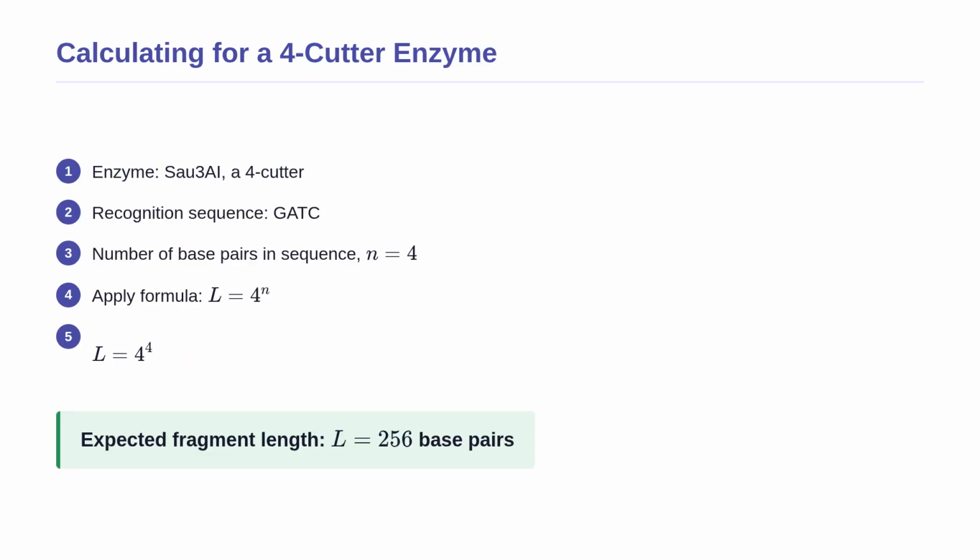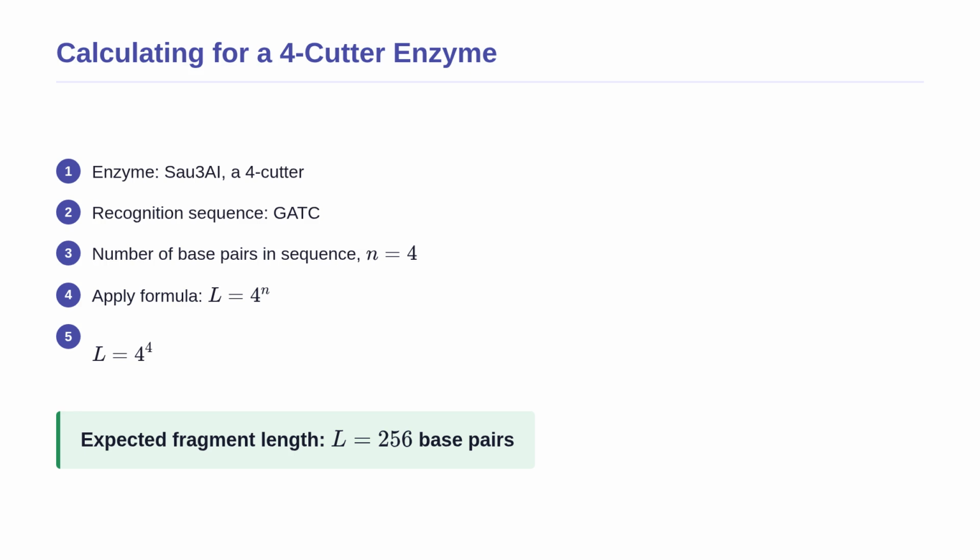Now that we have our formula, let us see this with a concrete example. Suppose you are working in a genetic engineering lab and need to digest a long strand of unknown DNA using a restriction enzyme called SAU3AI. We are given that this is a 4-cutter enzyme because it recognizes a specific 4-base pair sequence, GATC. We are asked to find how often, on average, this enzyme will cut the DNA.